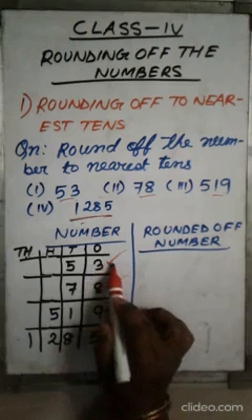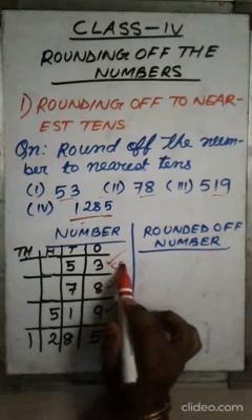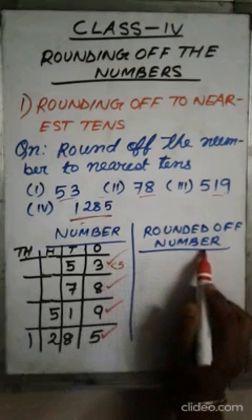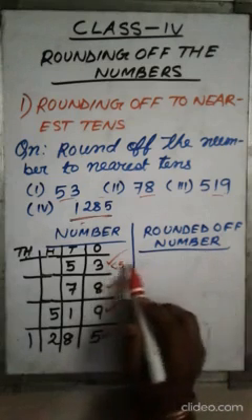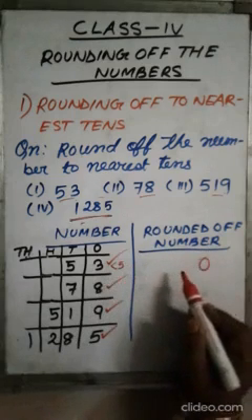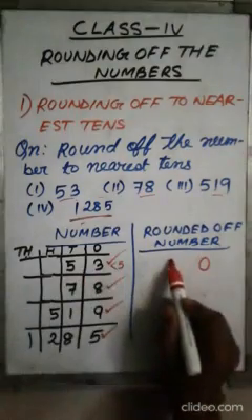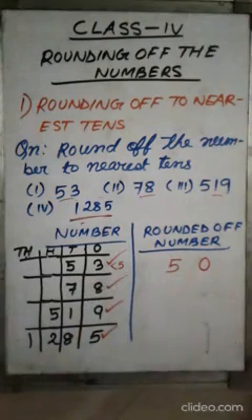I shall check the digit of the ones place. 3 is less than 5. So what shall I do? To write the rounded off number, I shall write 0 at the ones place, and this 5 will remain 5.